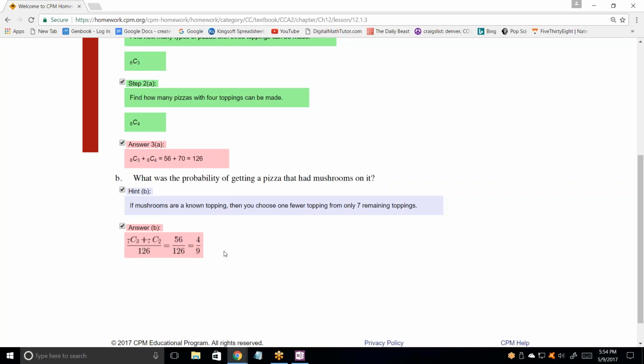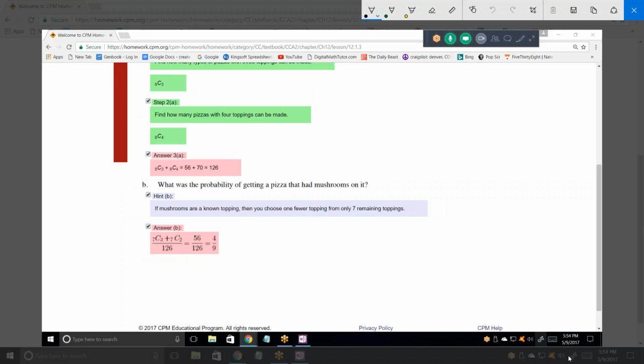This is still hard for me to follow the logic here. I can see that if we only had 7 toppings, but it seems to me like our answer should be the reciprocal, not this, but 1 minus this. In other words, if I look at this answer, seems to me that that is the number of ways you can make a 4-topping pizza without mushrooms.